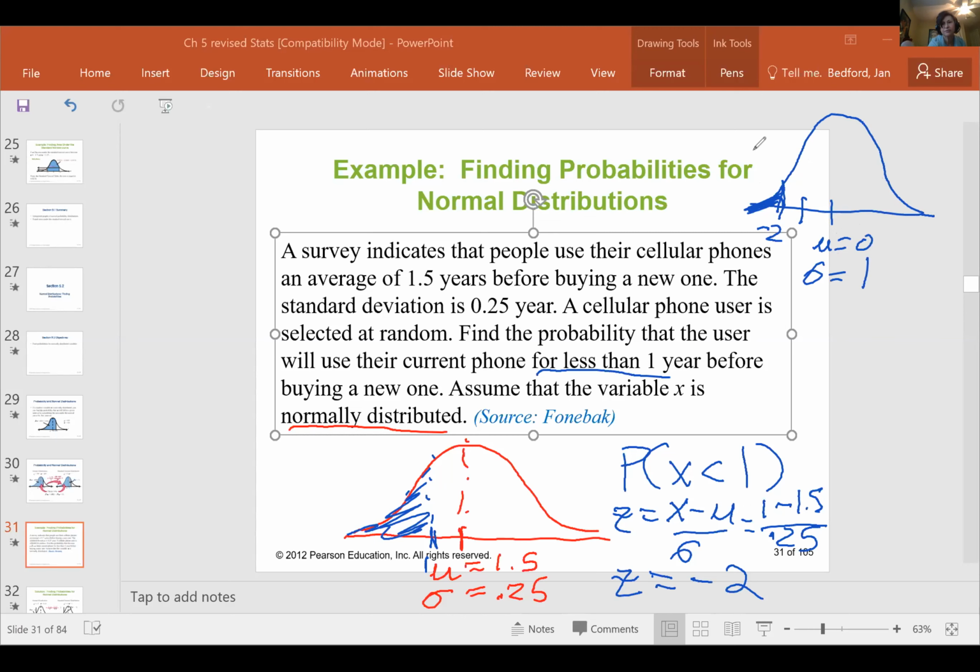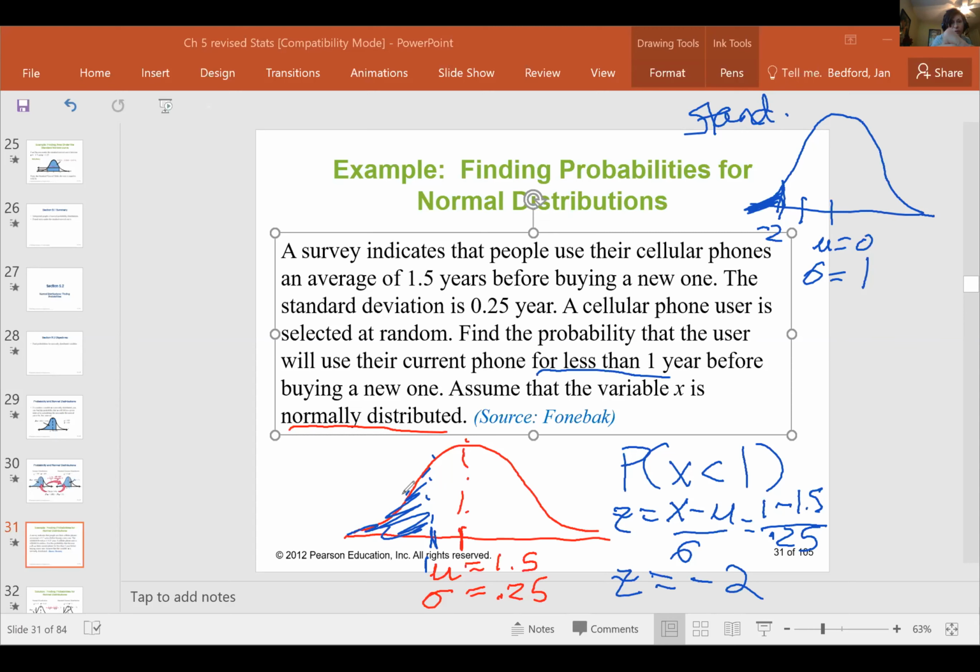That's my standardized curve. On this one, I just stuck 1 on somewhere. I've got probably too much area over here with 1 on this one. But it's the same basic shape. I've just been able to label it where it's standardized.